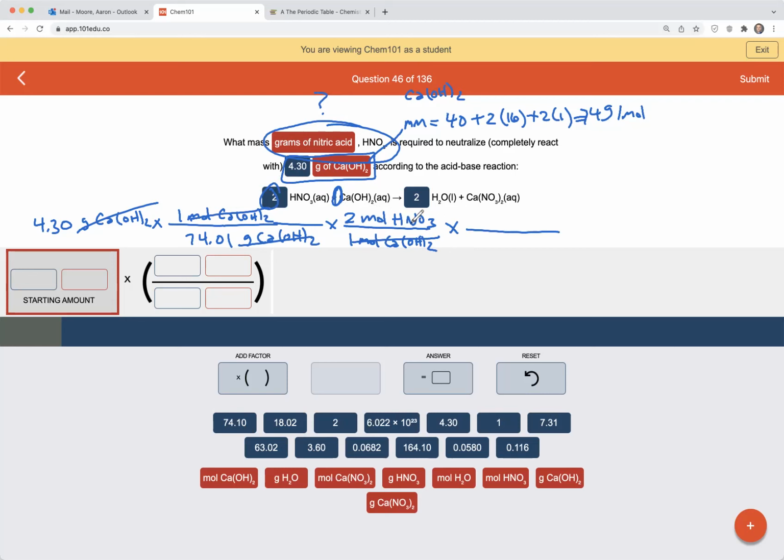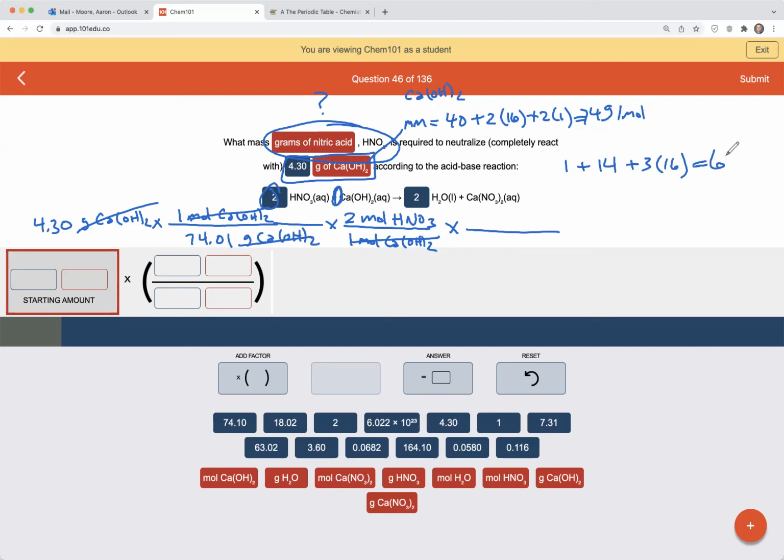I have moles of nitric acid, but I am asked to determine the grams of nitric acid, so I also need the molar mass of nitric acid. For nitric acid, the hydrogen is basically 1 gram per mole, the nitrogen is basically 14 grams per mole, and then there are 3 oxygens, so 3 times 16. Let me punch that into my calculator: 1 plus 14 plus 3 times 16 equals 63.